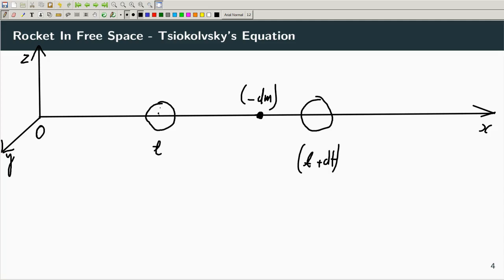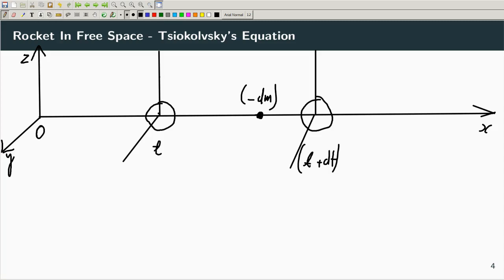So here, I might get the ruler out and just draw it like that.